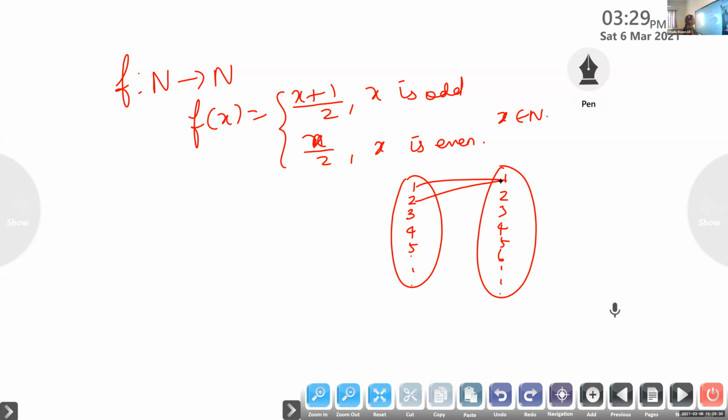What is f of 3? 3 plus 1 by 2, 4 by 2, which is 2. And what is f of 4? 2. Will it be one-one? Yes, Nandana, tell me. No, ma'am. Okay, it is not one-one. Is it onto?